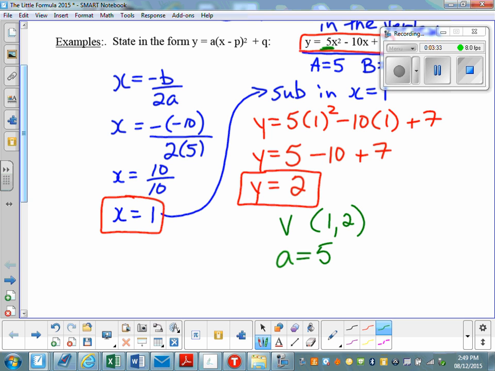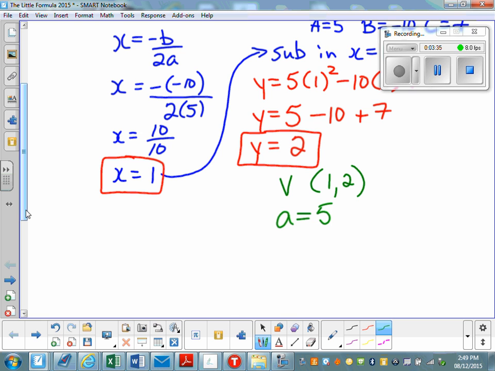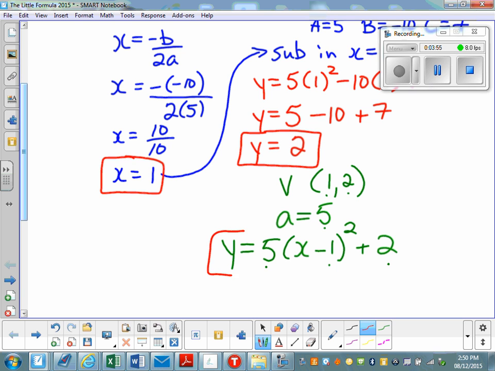So when I know the vertex and the a value, I can write the equation of the parabola in vertex form. So 5 goes out in front because a is equal to 5. And then I put the vertex in to those two spots. So there is the equation of that parabola in vertex form, and we don't even have to worry about completing the square on that one.